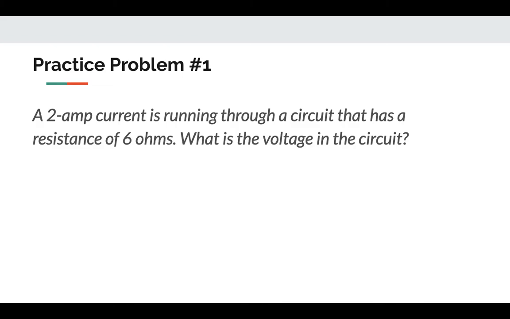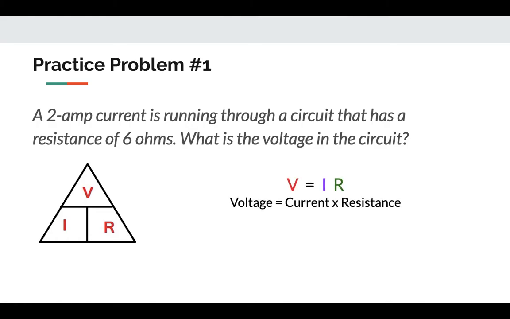Quick little practice problem or two. If I have a 2 amp current running through a circuit that has a resistance of 6 ohms, what's the voltage that's powering this circuit? Well, I look at my little triangle. I cover up my V. I know the solution should be voltage is equal to the current times the resistance.